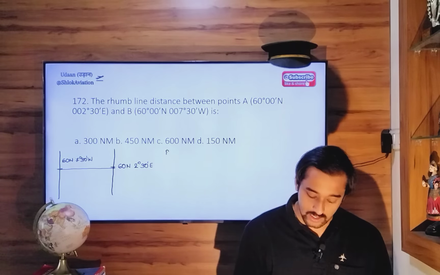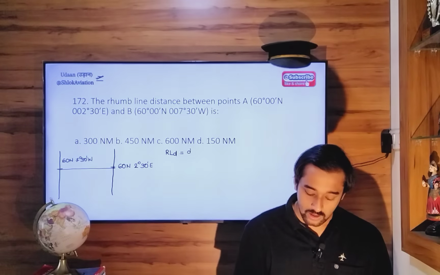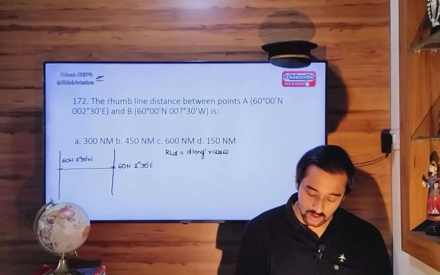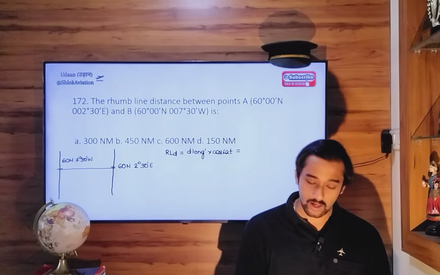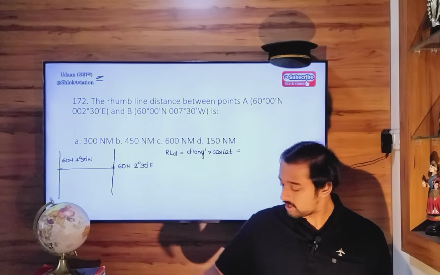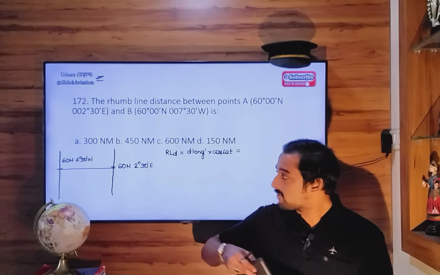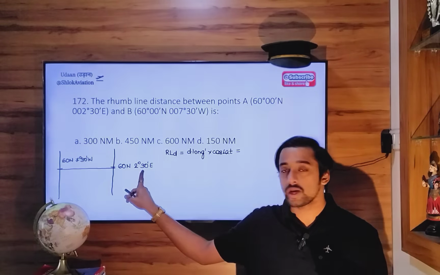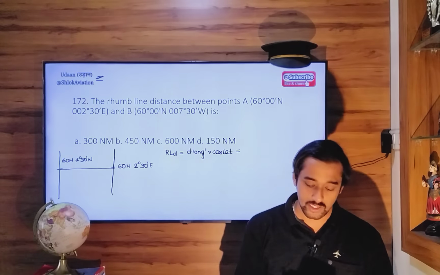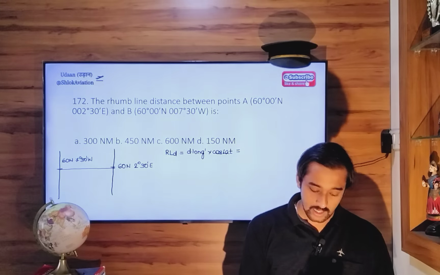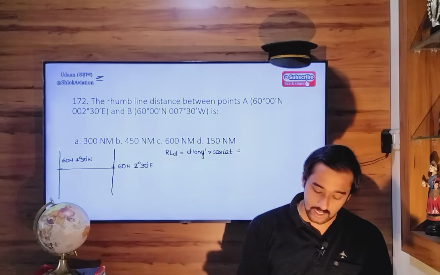Now, rhumb line distance is equal to d long in minutes into cos lat. D long is nothing but the difference between two longitudes. Over here, it is 7° 30 minutes west plus 2° 30 minutes east. Different hemispheres add. So 7° 30 minutes plus 2° 30 minutes is equal to 10 degrees.